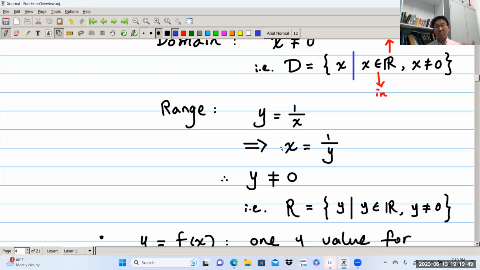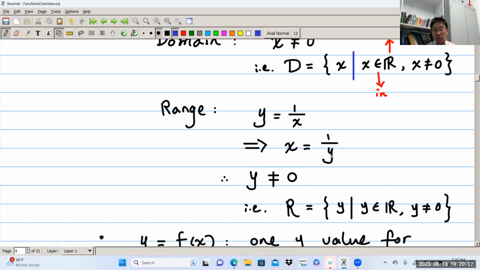The range is all the real numbers except 0. Why? Because y is equal to 1 over x. That means you can rearrange this equation to write down x as 1 over y. So x and y are mutually reciprocals. Do you agree? So x is equal to 1 over y, and we know x can be any real number except 0.